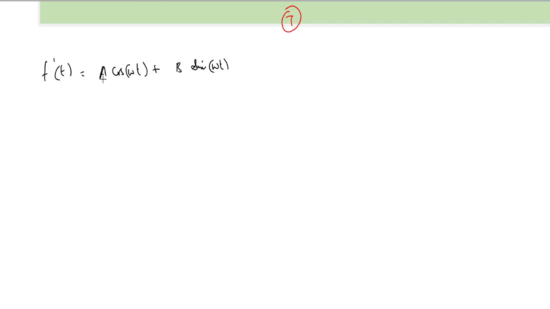Since a is a constant, we'll make a substitution here. Let a equal another constant r sin theta, and let b equal r cos theta, where r is the resultant amplitude and theta is a constant.